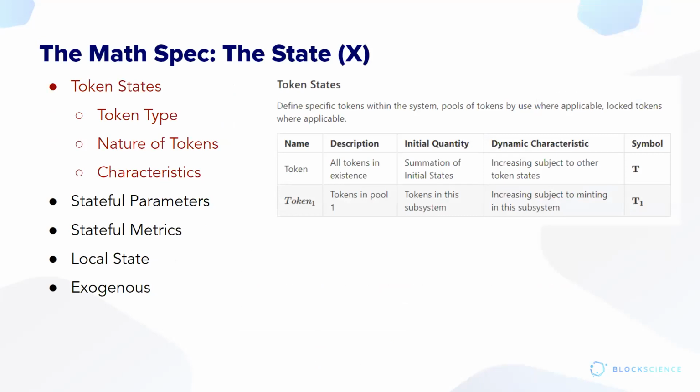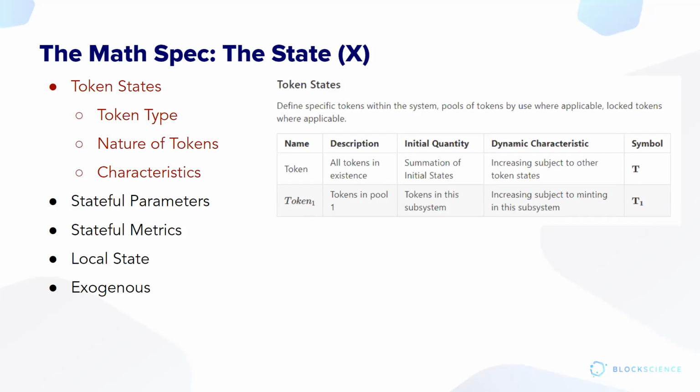If we do a breakdown of specific token states, the first pass might be trying to capture some ideas about what those tokens are, the nature of them, the initial quantity, and how they may be changed.